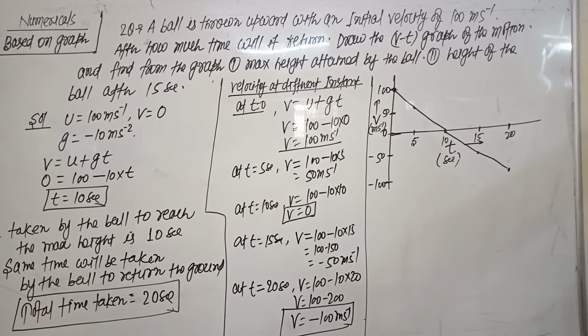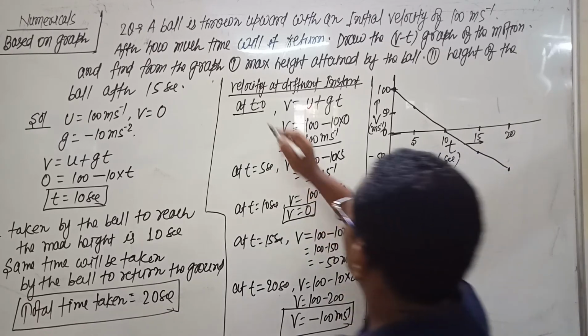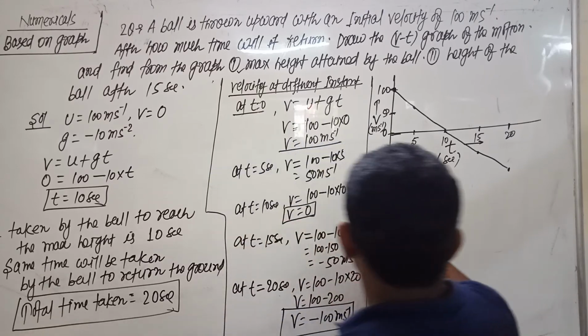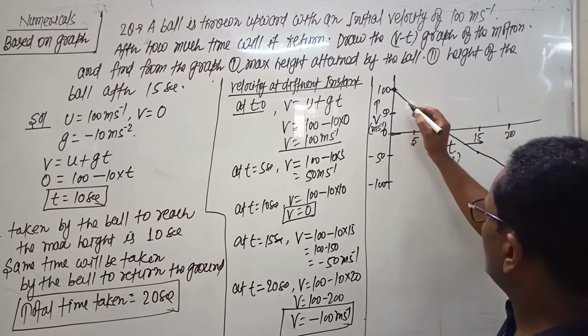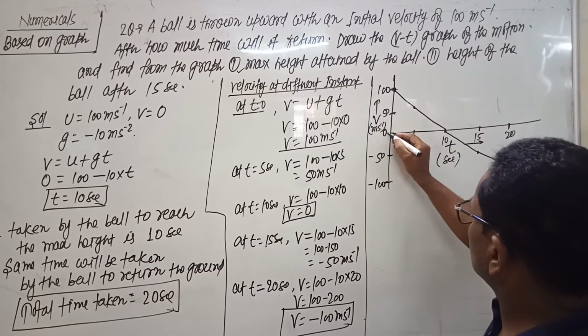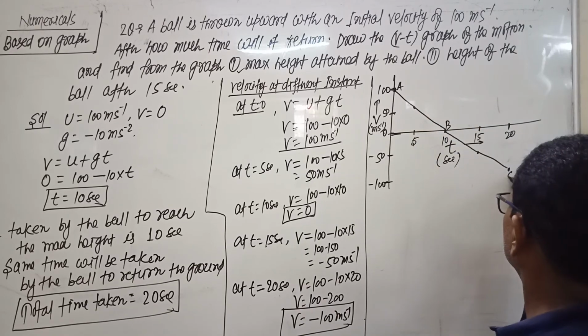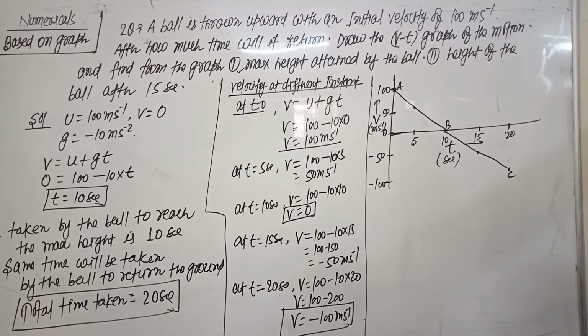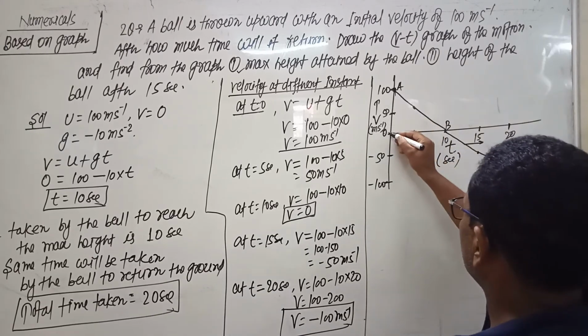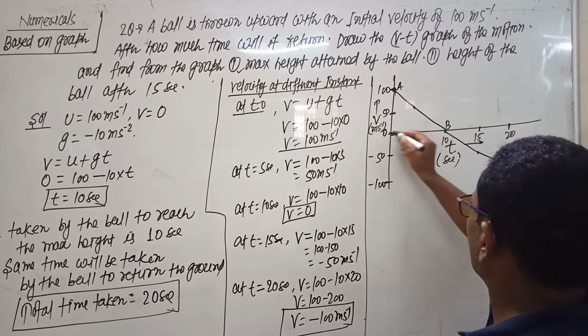Now we have to find the maximum height attained by the ball. This is O, A, B, C. For finding the maximum height attained, we will find the area under the VT graph.